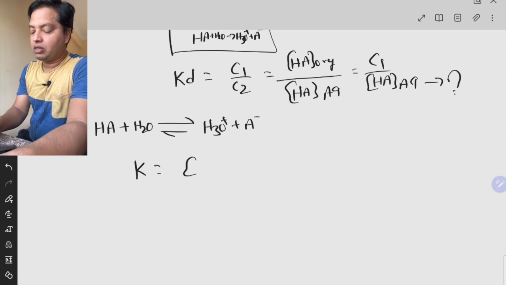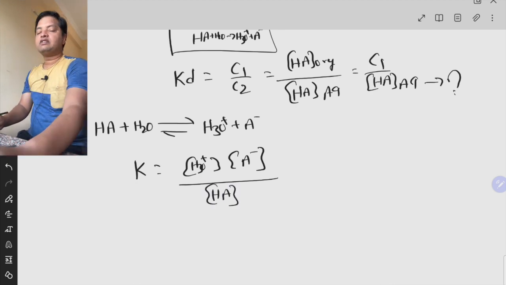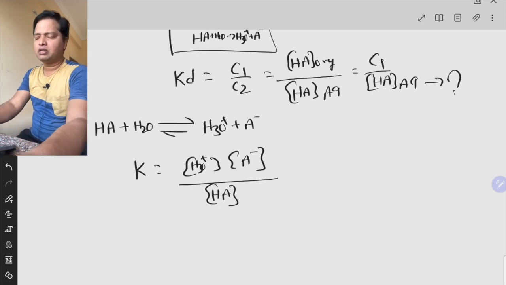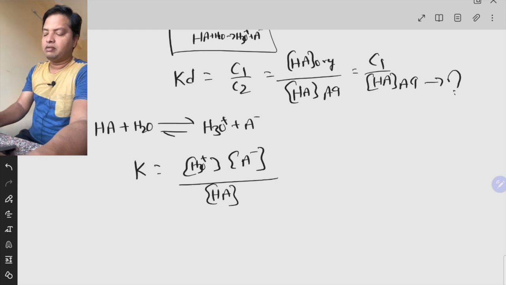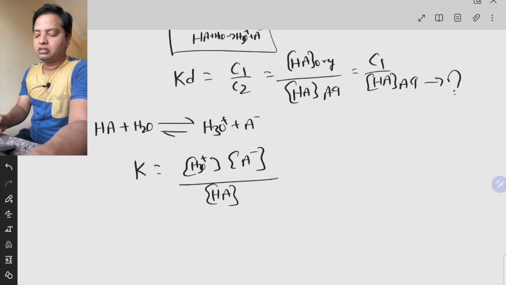Constant is equal to concentration of H3O plus multiplied by concentration of A minus divided by concentration of HA. In this case, we neglect the concentration of water because water is present in plenty. We assume that the consumed water is very less. So, we take concentration of water as constant. So, we do not take the concentration of water in the denominator.